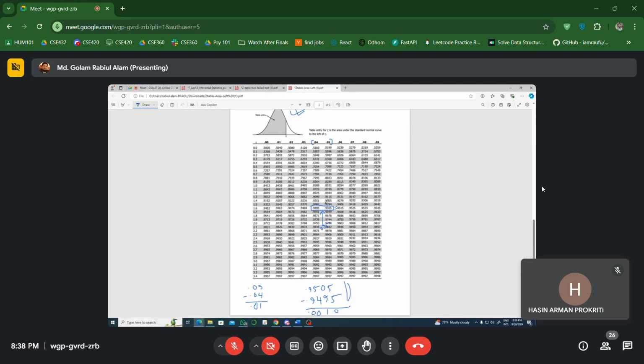Now, if we consider our value, 0.95, we have to check how much difference it has from our lower bound. The lower bound is this one. In this case, our value is 0.95 and the lower bound is 0.9495.